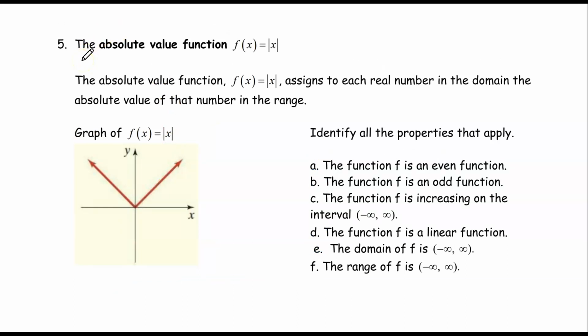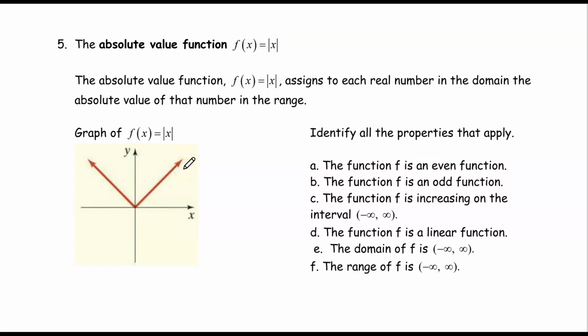The next basic function is called the absolute value function, and that is given by the expression f of x equal to this symbol here, that's the absolute value of x. Now the graph of an absolute value function will look like this. It will be V-shaped.